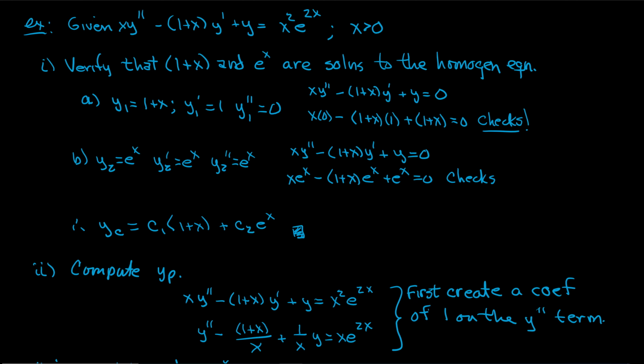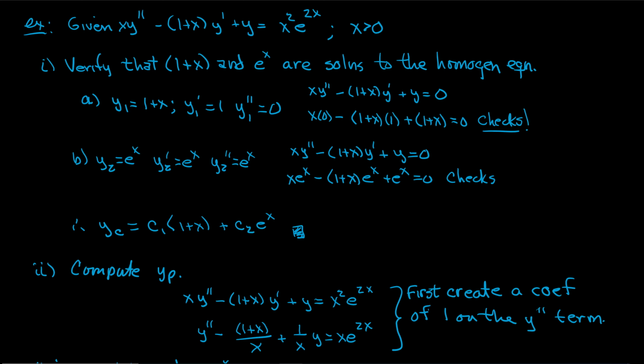So if I take these values for y prime and y double prime and substitute them into the homogeneous equation, we're going to have x times the second derivative, which is 0, minus (1 plus x) times y prime, which is 1, plus y, and y is just 1 plus x.